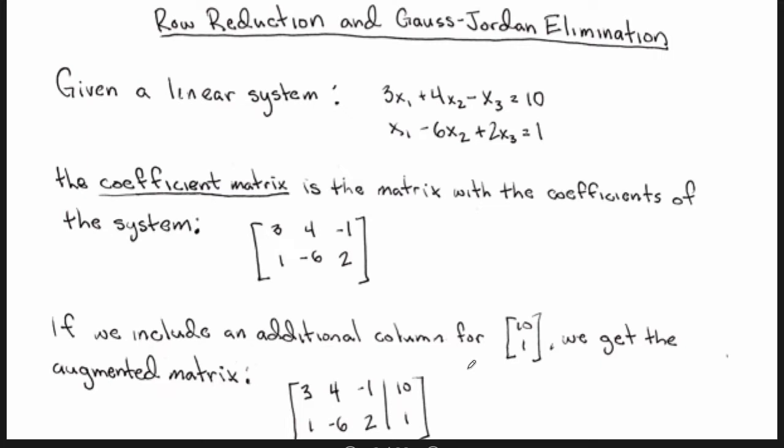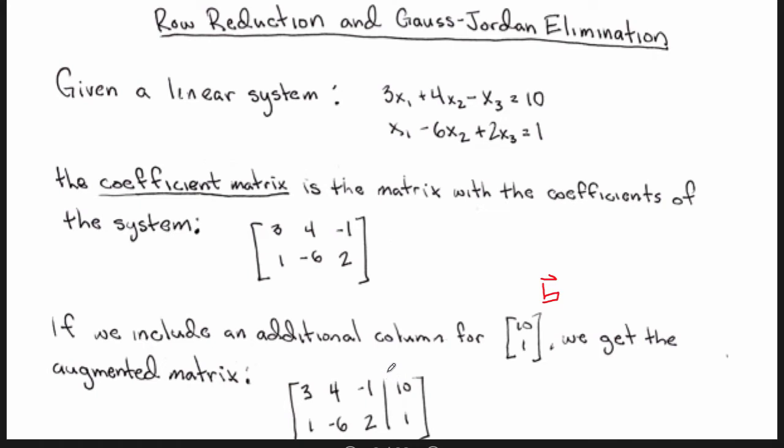And if we include an additional column for 10, 1, we'll often call this the B column, because of how we write this abstractly, like this vector would be the B vector. Then we get the augmented matrix, which we talked about in class and in the last video.